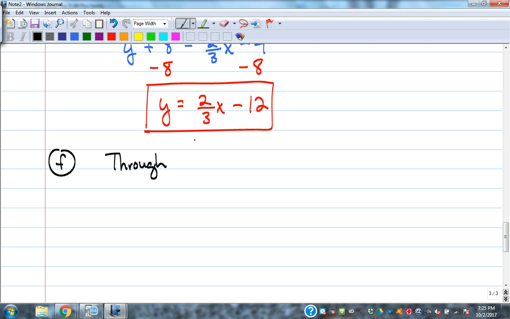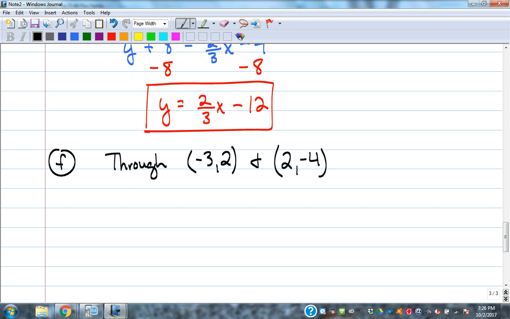Let's go for slope-intercept form through -3, 2 and 2, -4. So if we're going for slope-intercept form, are either of those points the y-intercept?